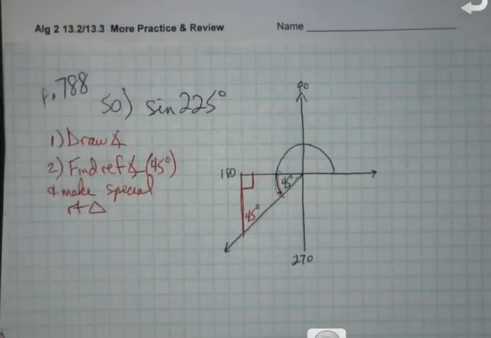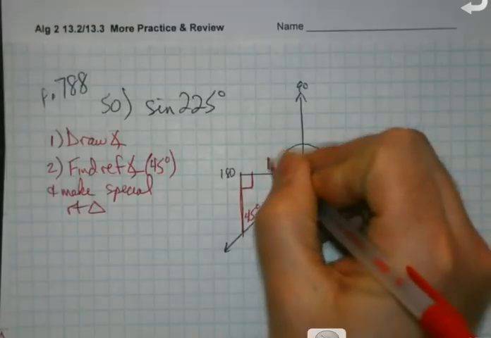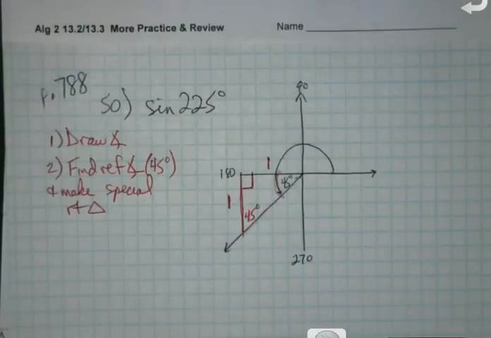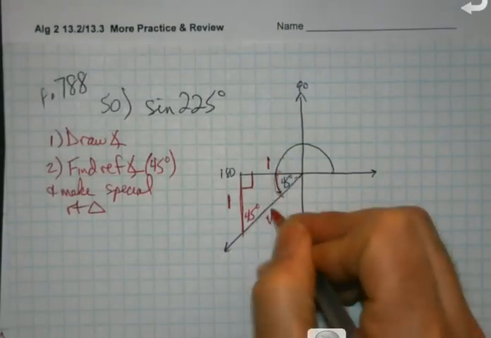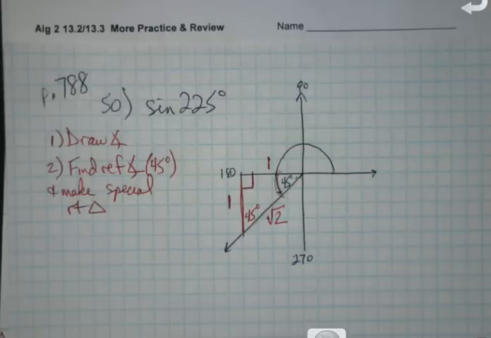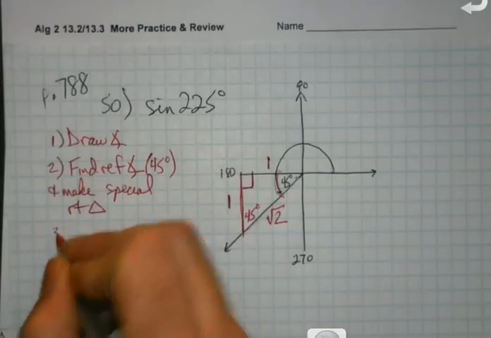Once I get that set, I use my base special right triangle. And for 45, 45, 90, it's 1, 1, square root of 2. Actually, I did steps 2 and 3 all at the same time, but that's okay.